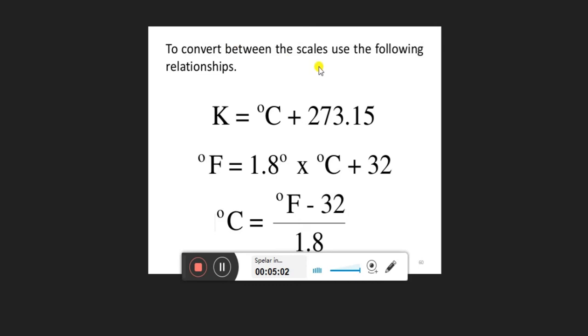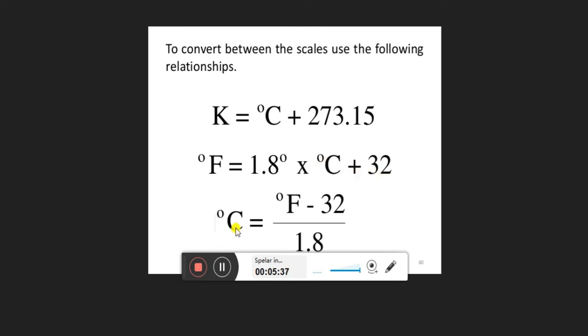Now children, here are the formulas to convert between the scales. Kelvin equals degree C plus 273.15. That means whatever degree Celsius is given can be converted into Kelvin simply by adding 273.15. Then degree Fahrenheit equals 1.8 times degree Celsius plus 32.